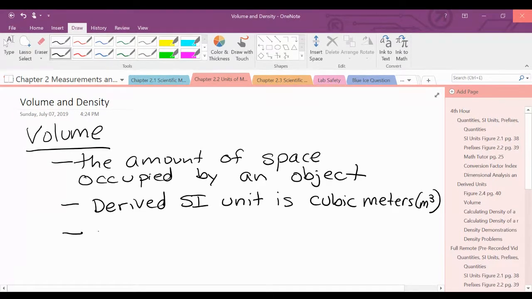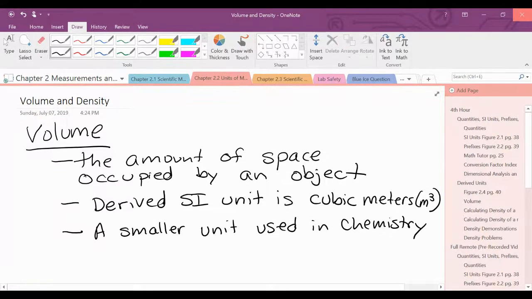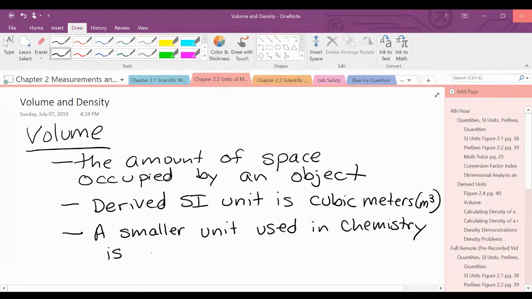A smaller unit is cubic centimeters. So geologists would probably use a cubic meter or even larger, but in chemistry we're dealing with smaller amounts, so we'll use the cubic centimeter.